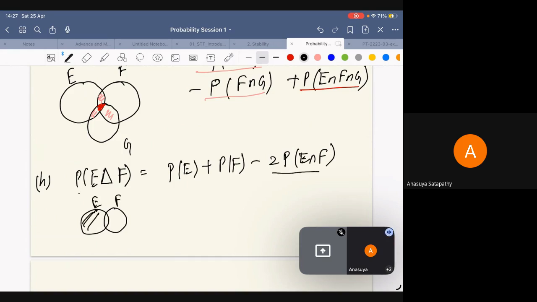So that means you can also write it as probability of E minus F union probability of F minus E. Just this part will not be included, this part will not be included.